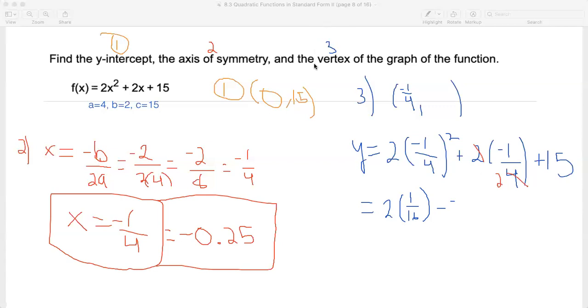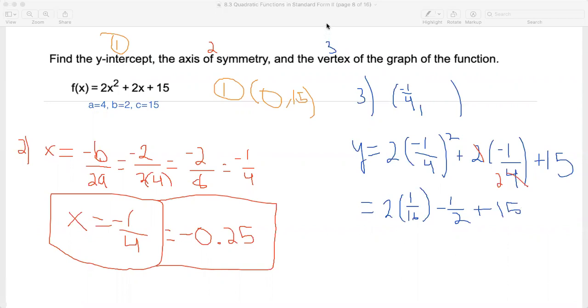So that would make it a half. I need to erase this, I have too many negatives going on here. Okay, so minus 1/2, and then plus 15. Oh, wow. Okay, we've got a lot of fractions.